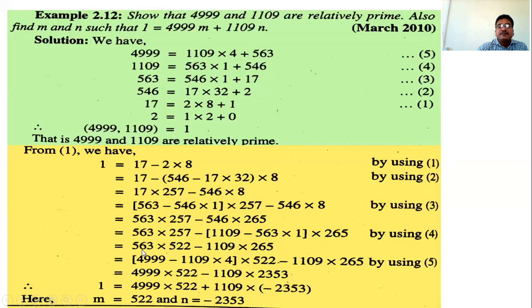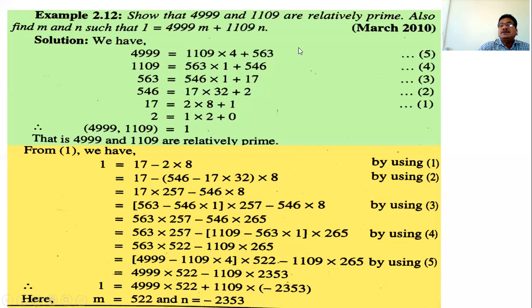Write one more step: 563 into 257 and 563 into 265 becomes 257 plus 265, which is 522, minus 1109 into 265. Then add these two 563 and 563 into 257 plus 265, that is 522.